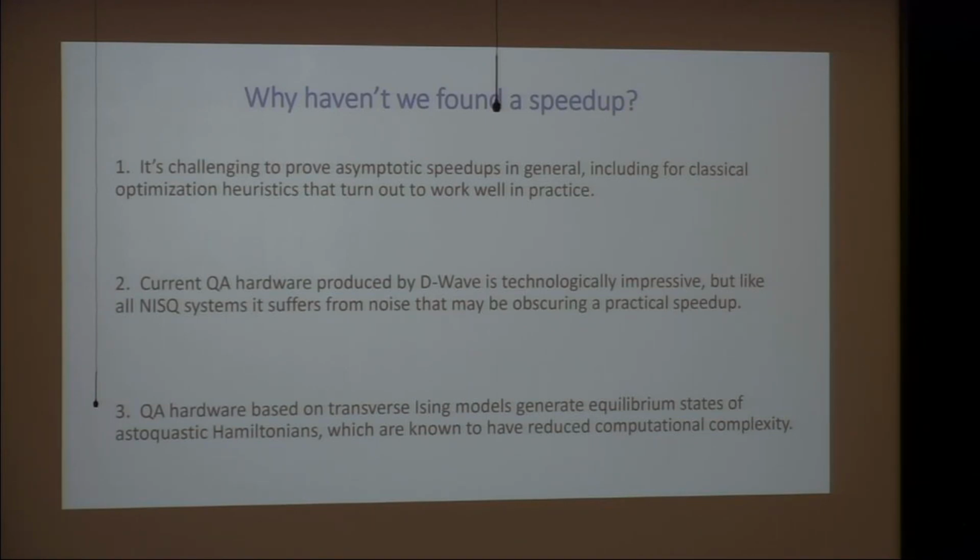And then there's a third possibility that people often point to, which is that quantum annealing hardware based on transverse Ising models generate equilibrium states of what are called stoquastic Hamiltonians, which are known to have reduced computational complexity.